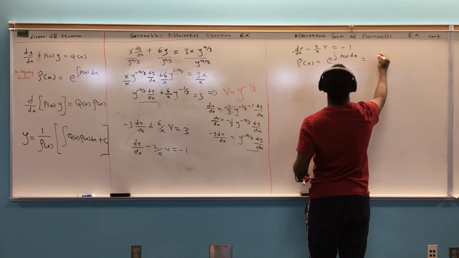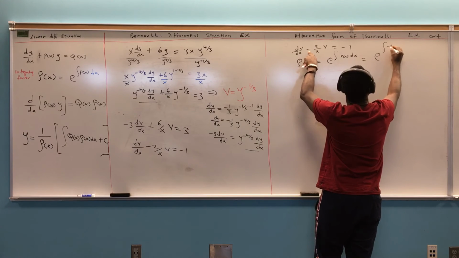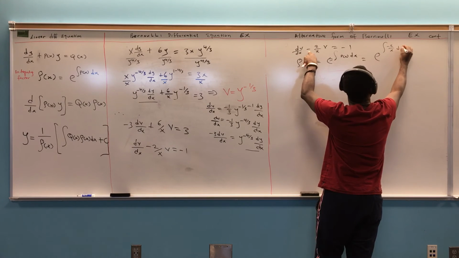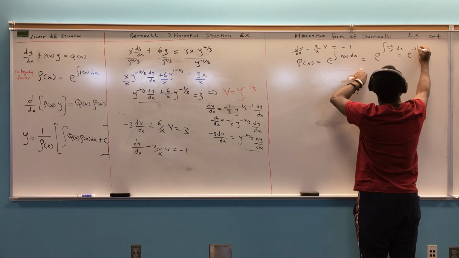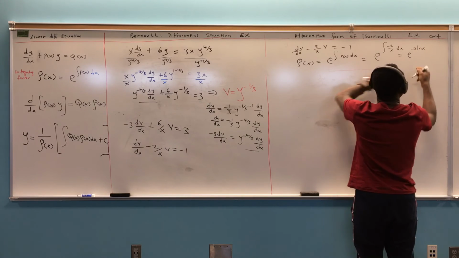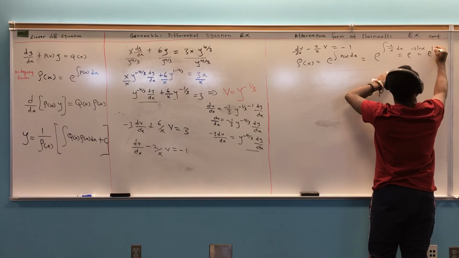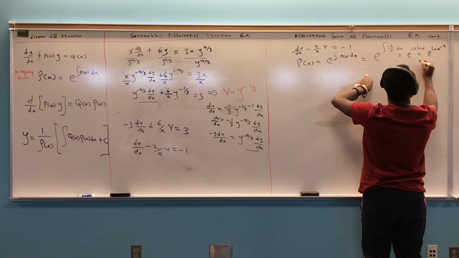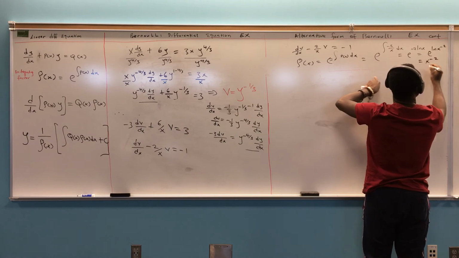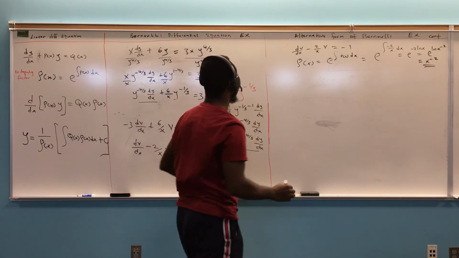And this will give me e to the integral of minus 2 over x dx, which will be e to the minus 2 ln x. And this exponent can come up here to give me e to the ln x to the minus 2, right? This will cancel this, which will give me x to the minus 2. This is my integrating factor there.